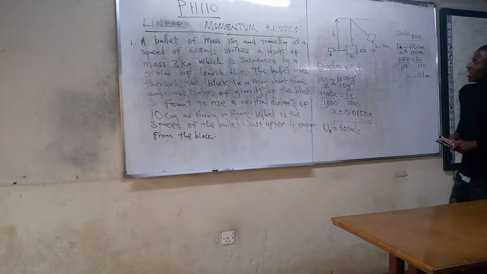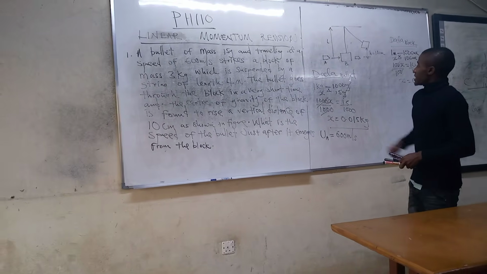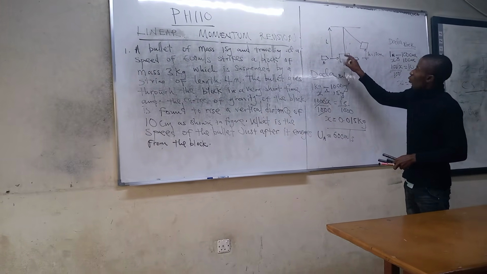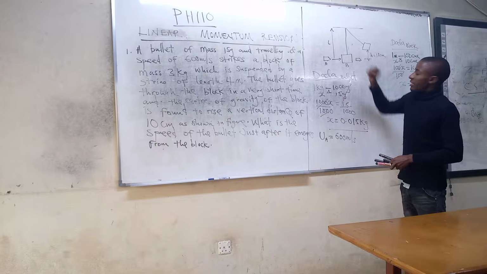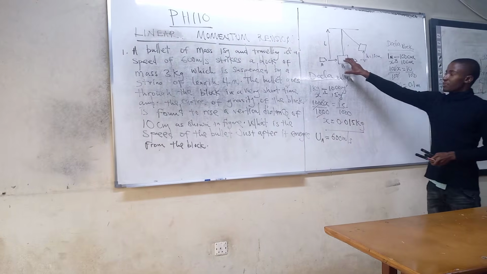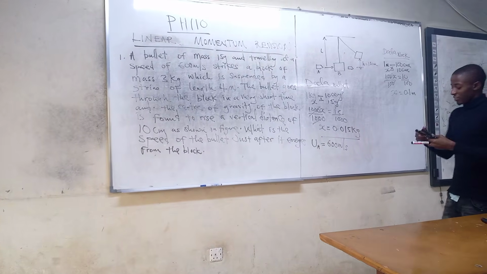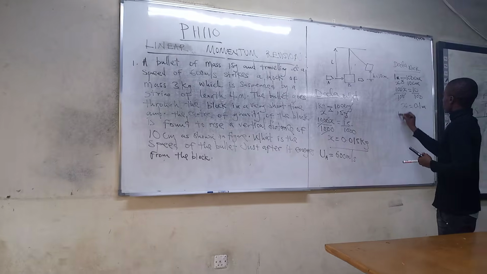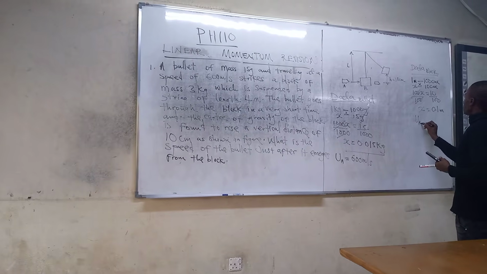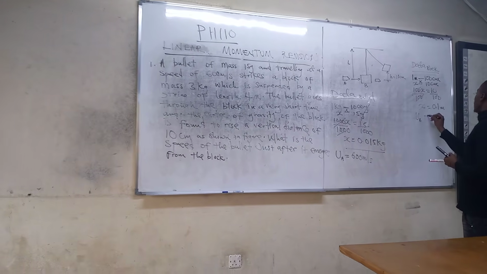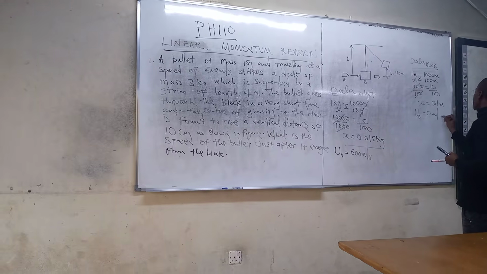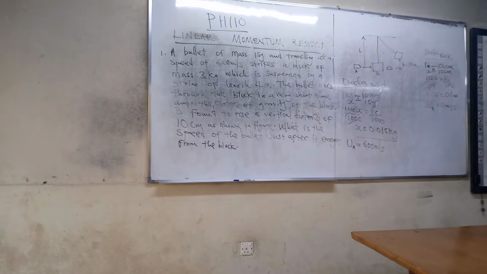And then what we are going to do is that since this block was at rest, it was suspended, meaning the initial velocity of this block is 0. So the initial velocity of B, meaning the block, is 0 meters per second. Does that make sense?